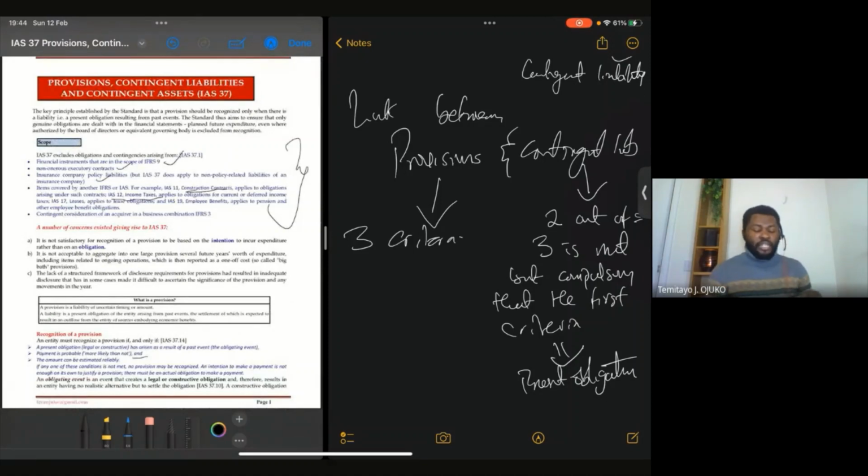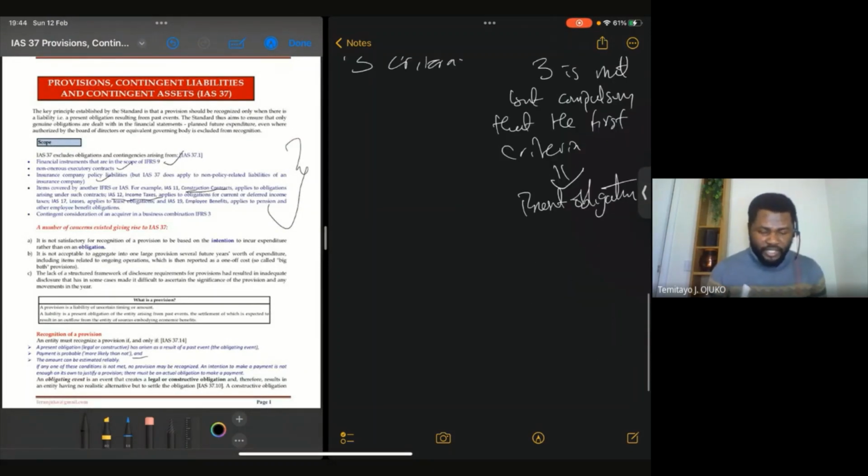So we've looked at four things. One, the reason why the standard was released. Two, the definition of provision. Three, the criteria of provision. Four, what a contingent liability is.